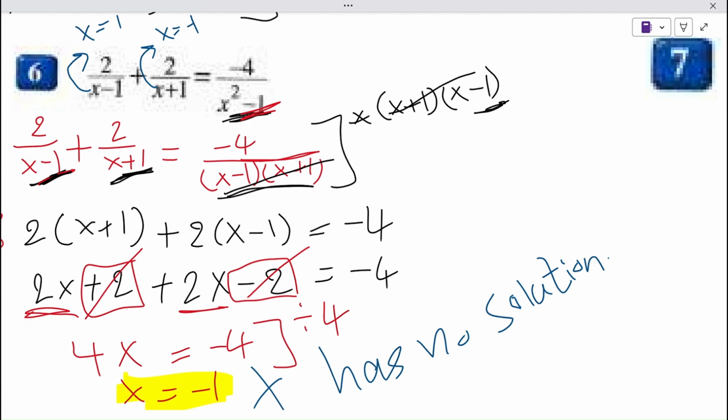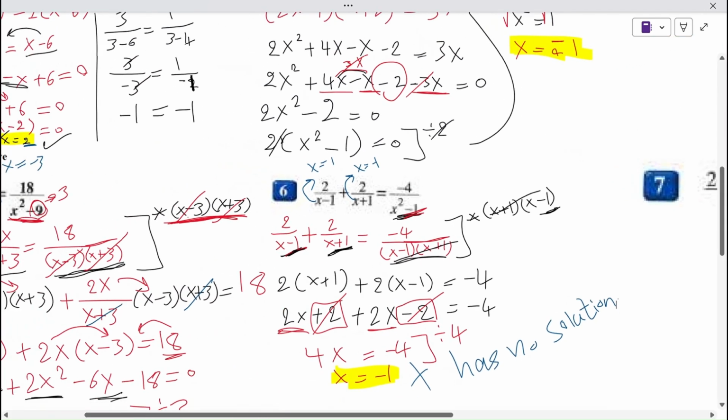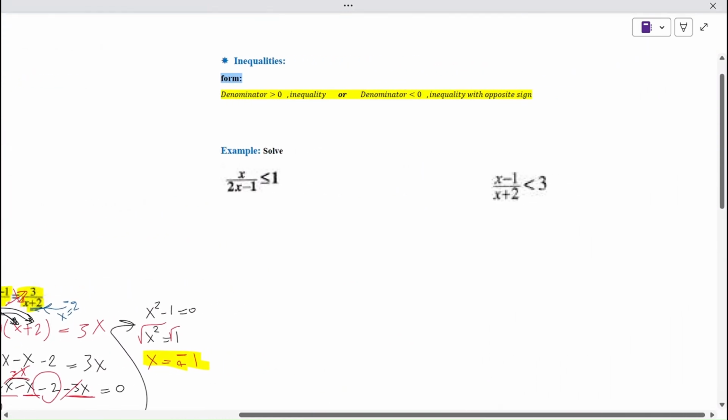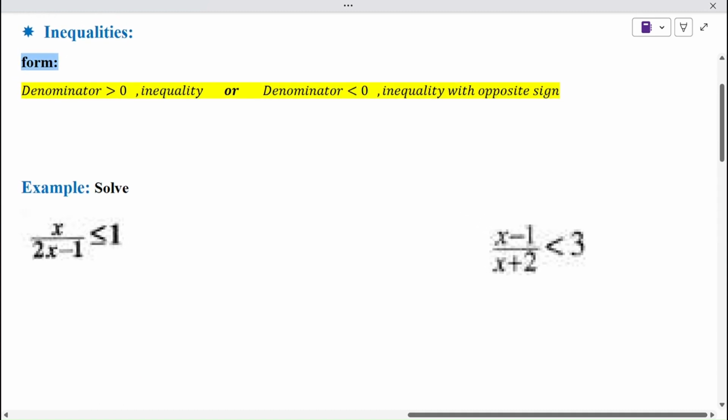Guys, this is all about equations. What about inequalities? Look at here. In inequalities, we have just one form. At the first, we have two terms.